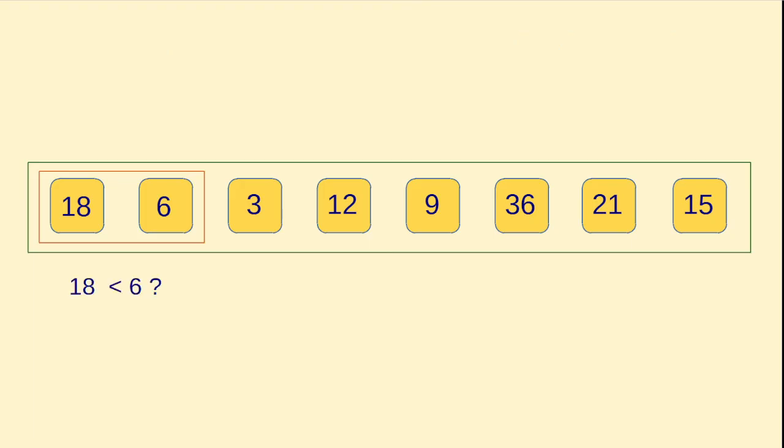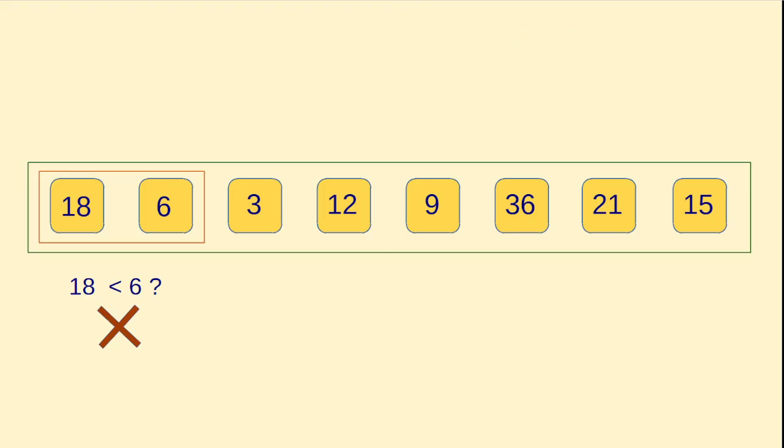We check whether the left side element, or the first element, is smaller than the second or right side element. In this case, this is not true, it is false.